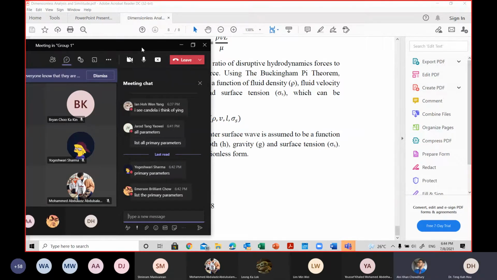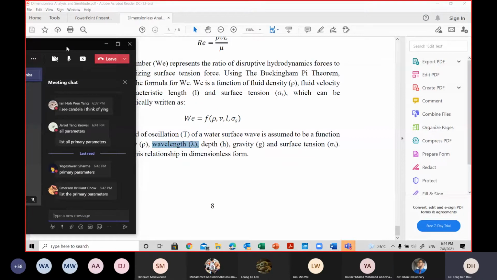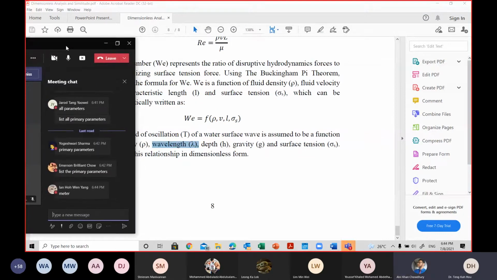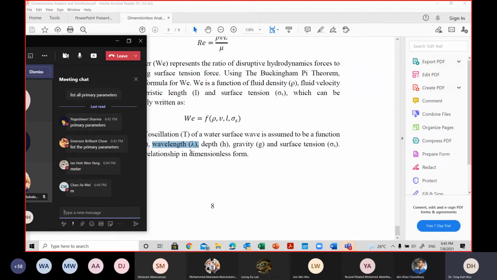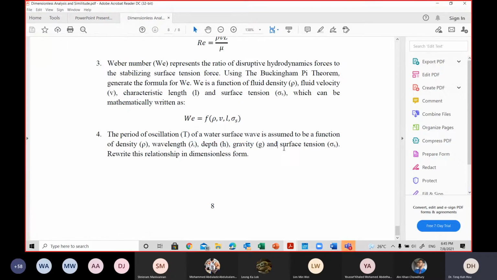Hertz? No. Wavelength is meter, are you sure? I'm not sure. You go and find out, right? Okay, all these things you need. So it's meter. Yep, it is meter.